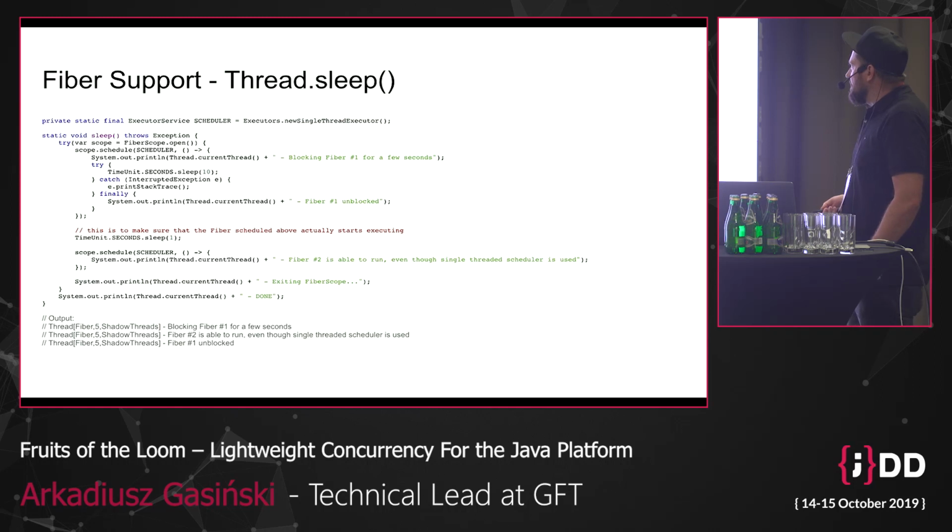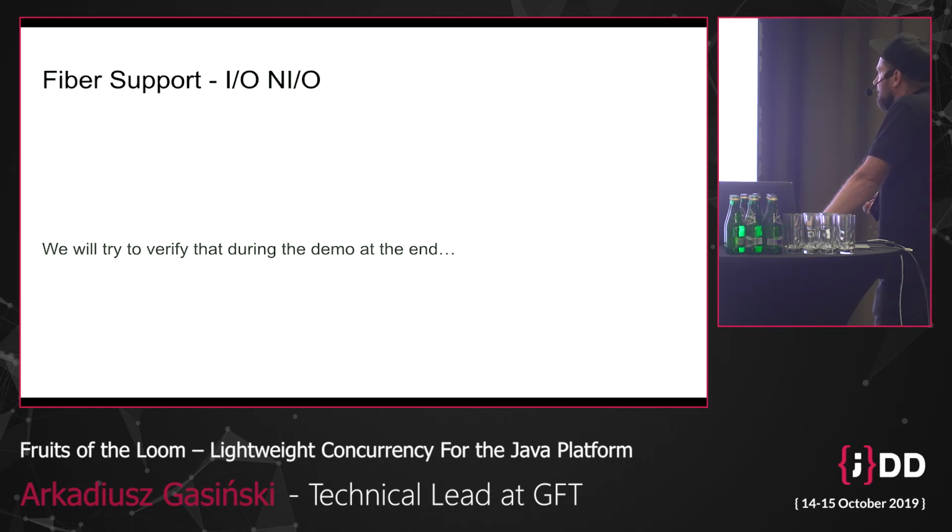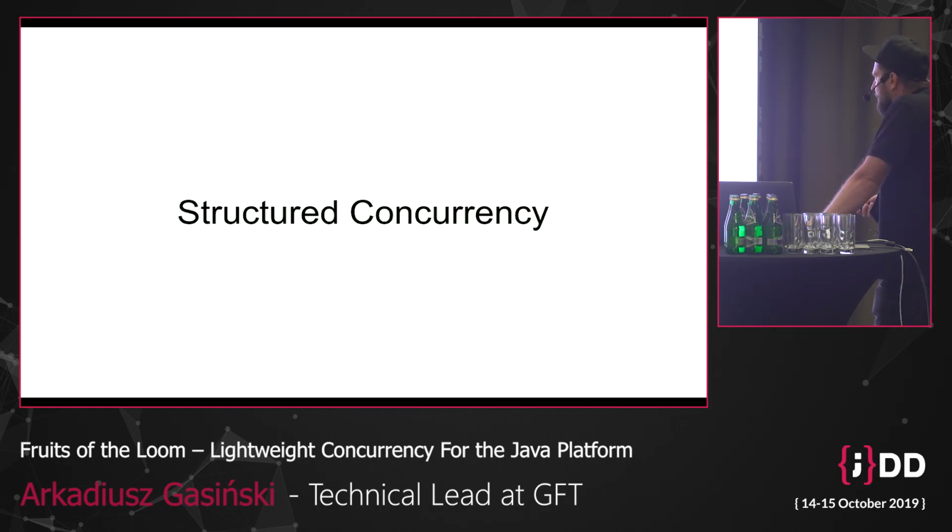So these are some examples that show what happens when you call the thread sleep method, and if this method is executed in the context of the fiber, it's not the underlying kernel thread that will be blocked, but the fiber that will be blocked, and this underlying kernel thread can be used to do some other useful work. The same goes for java.util.concurrent lock. For IO and NIO, we'll try to do that during the demo.